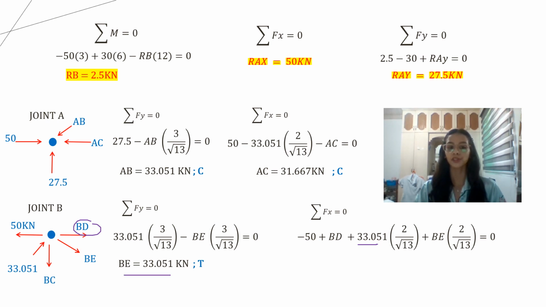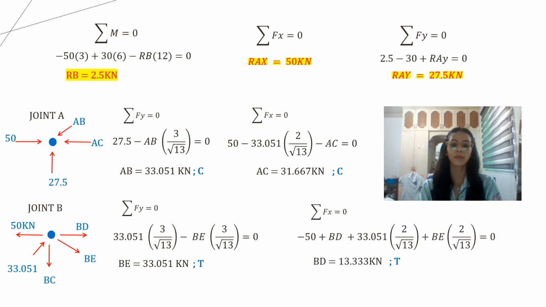Our BE is also 33.051 times 2 over square root of 13. The answer is, our BD is 30.333 kilonewton in tension because it is pulling our truss.